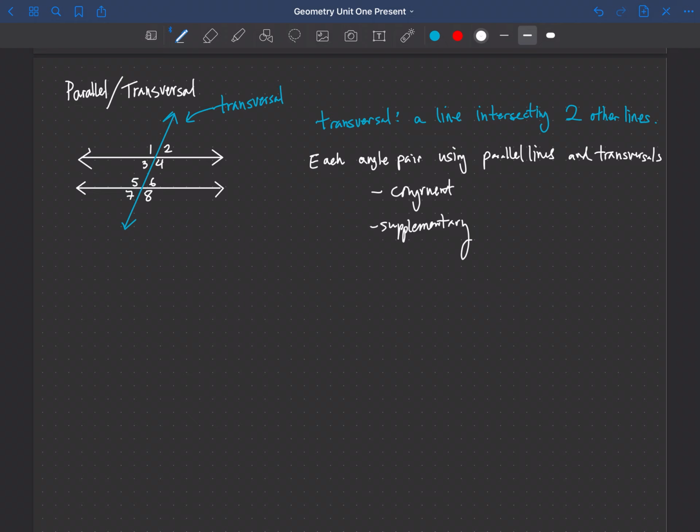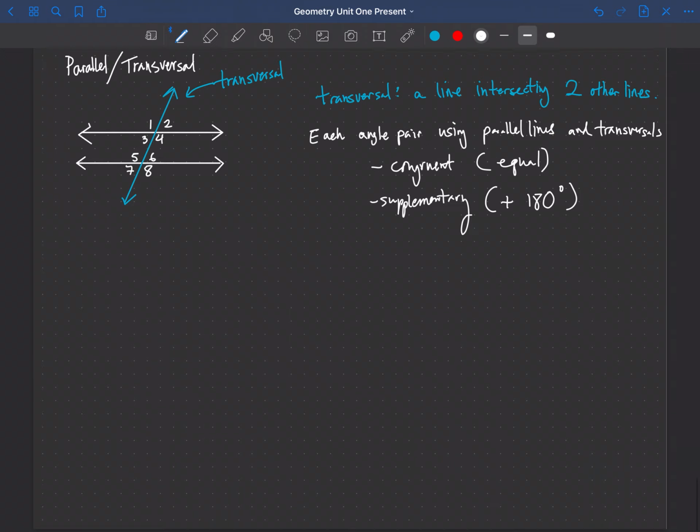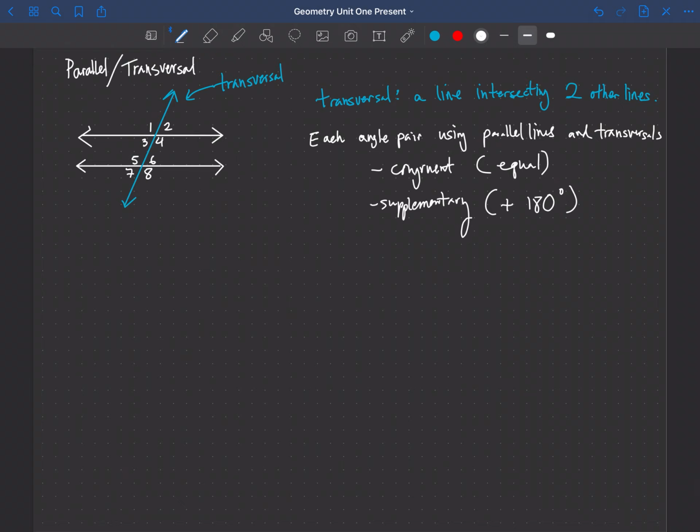Remember, congruent meaning they are going to be equal, or supplementary meaning that they're going to add up to 180 degrees. So we're going to talk about each of these angle pairs. We have 4 of them.